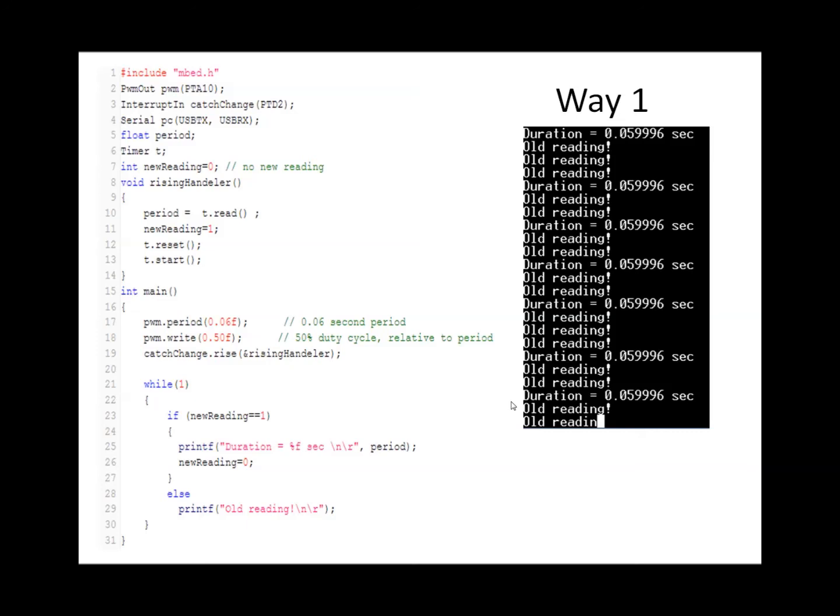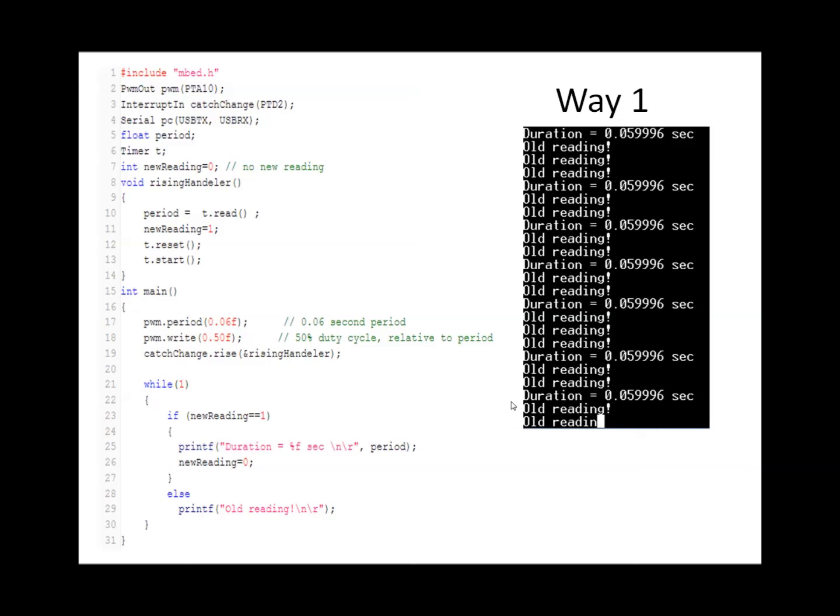What's your input here? I don't know. Why add new reading? Well, I feel like you don't need to read new reading because the reading is the same every time. So after we've read it once, we can just stop. Okay, so I don't want repetitive measurement, right? I don't want to keep printing the same period. It's not new information, right?